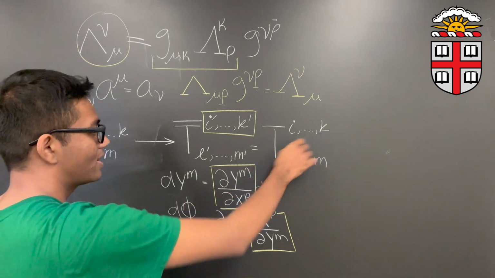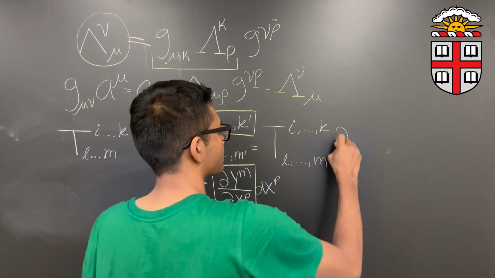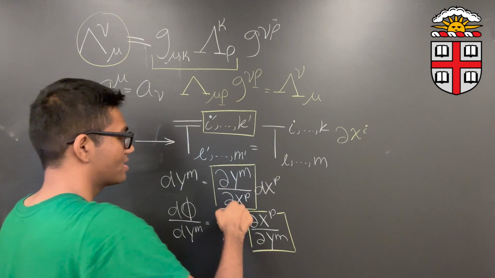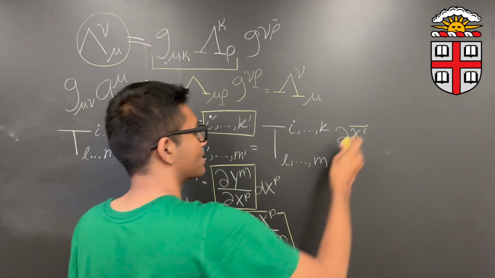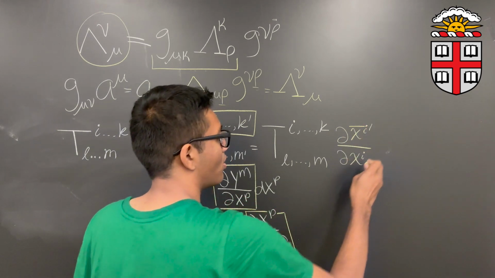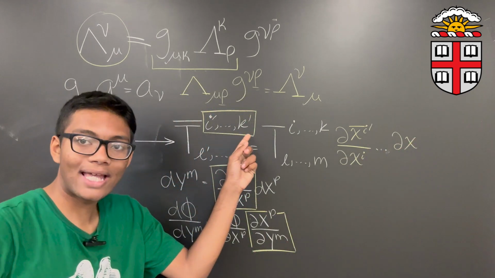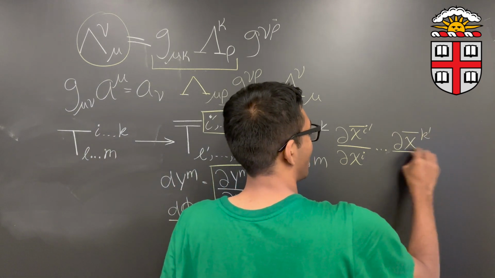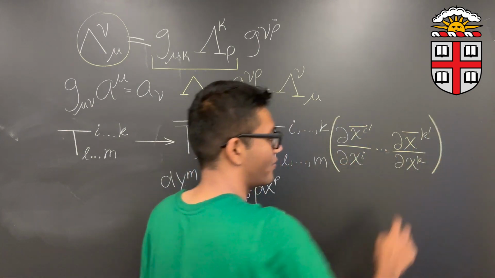And so we can exploit that over here. We're going to write partial x bar i prime over partial x^i, and so on, all the way to our last contravariant component k, partial x bar k prime over partial x^k. These are all the contravariant components.